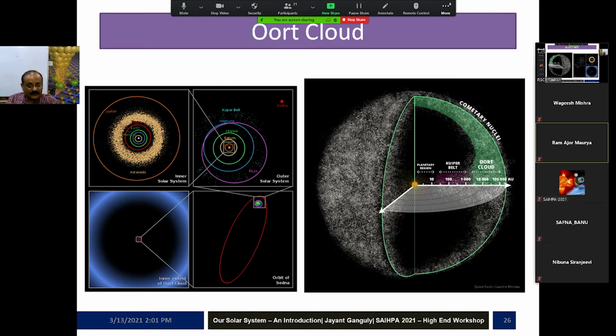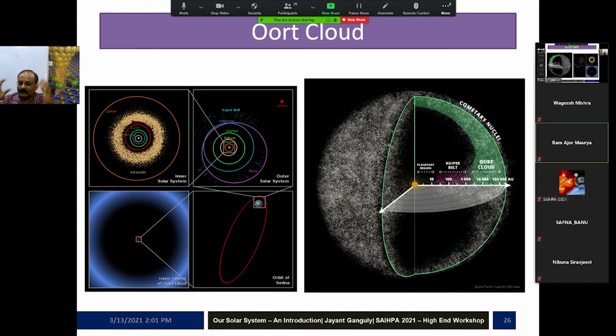They have very eccentric orbits, and it is said that there is a volume of snow and ice, like a very cold depository in a spherical shell. As you can see, the scale is given here. It is very vast and very far away. You can see from this how big this spherical thing is: our Oort cloud.